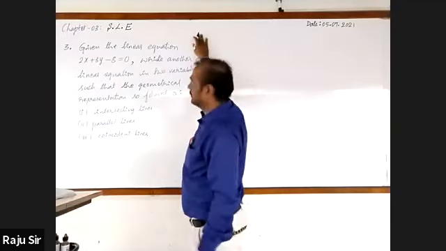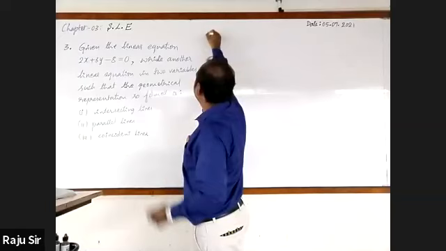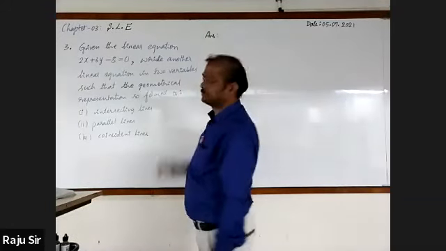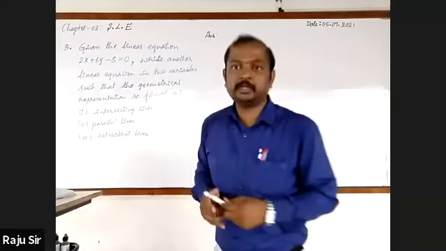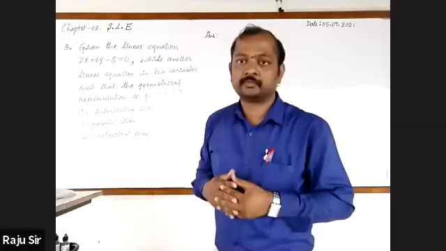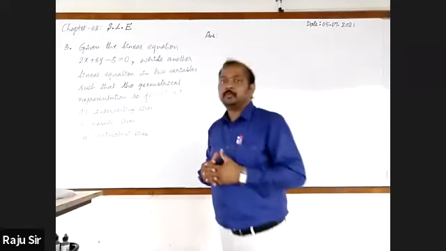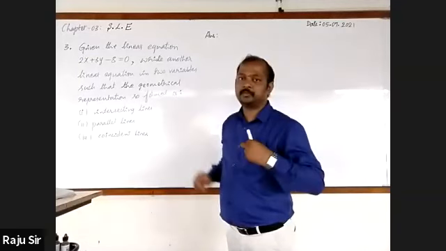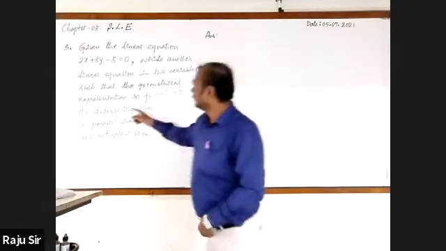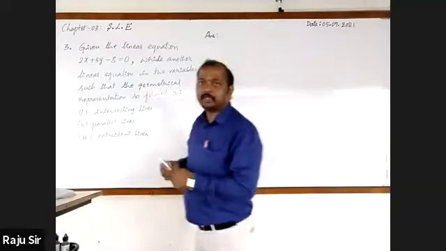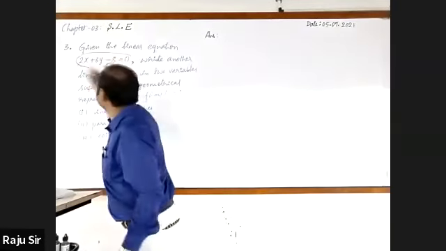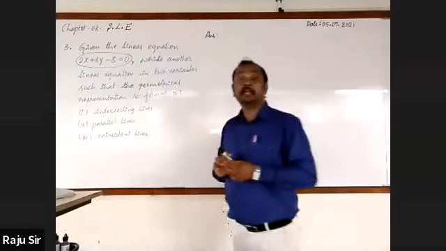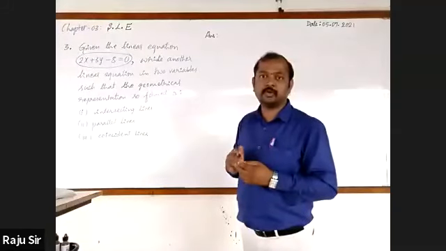Now observe it. We are going to write the answer for this. Please stop writing and look at them. Vijay Lakshmi, you may stop writing. Observe. Here, one equation has been given: 2x plus 3y minus 8 equal to 0.